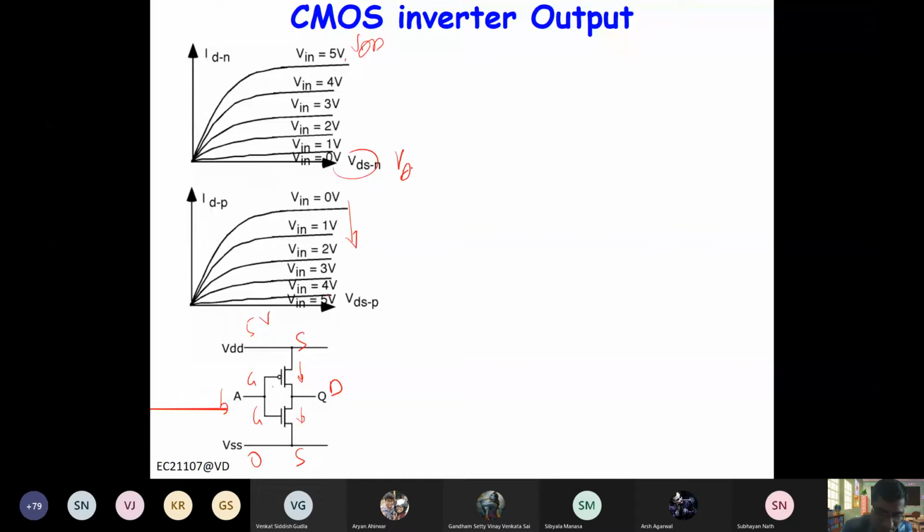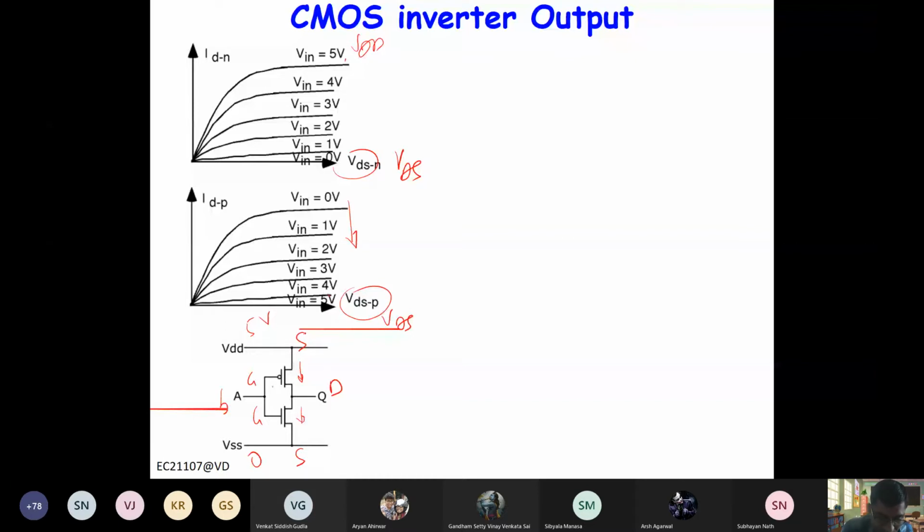And for PMOS, this is VDS, right? So current will be like this, and current direction is same. This is also VDS, or VSD, you can say for PMOS.